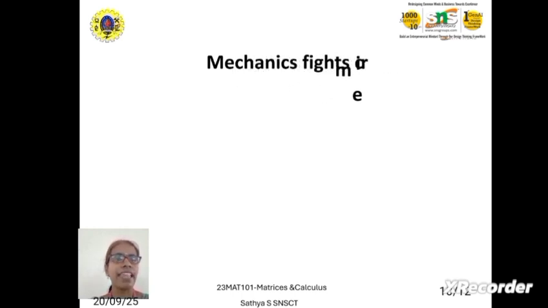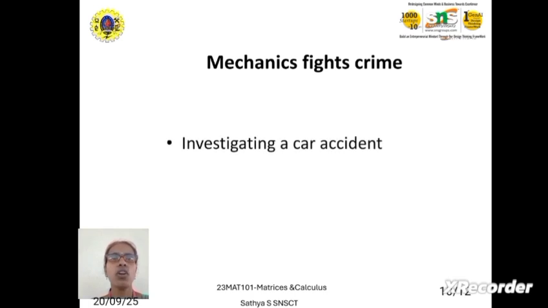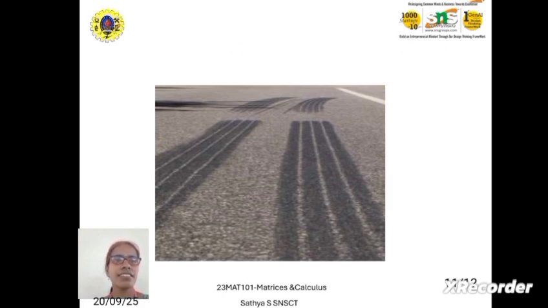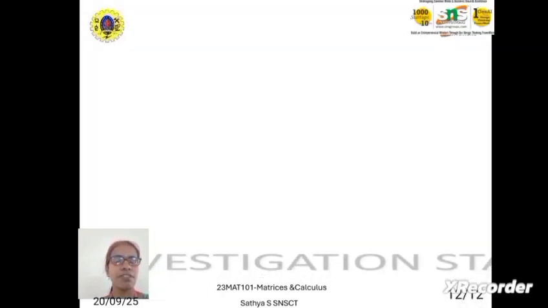And the next thing is mechanics fights the crime. What are the things we need to analyze? We need to investigate a car accident, and ask was the car over speeding? And we need to find the skid marks of the cars.